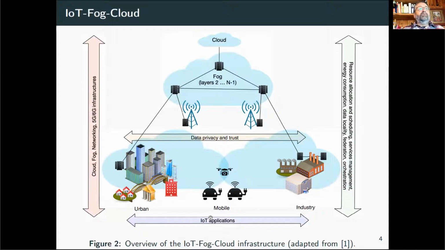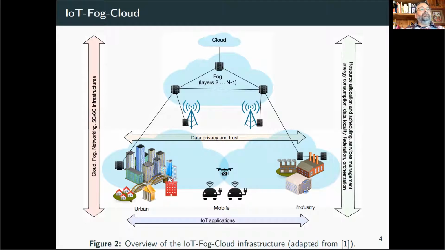What we can do is introduce some edge and fog layers. At each layer, the data privacy will be grouped and pre-processed so that at each layer, we can grant some adequate protection for the lower layer.